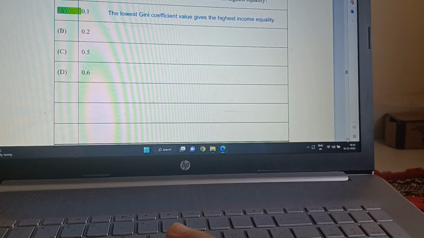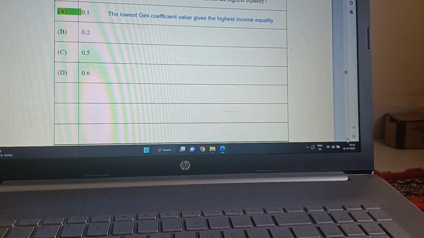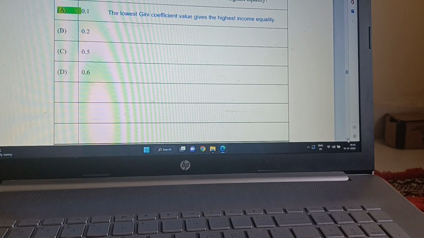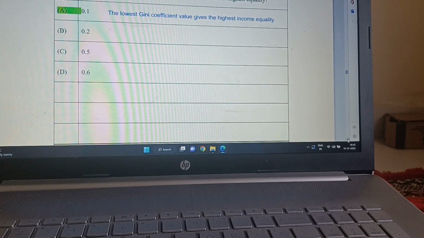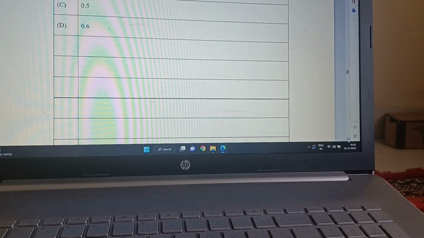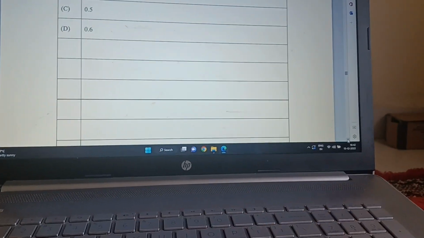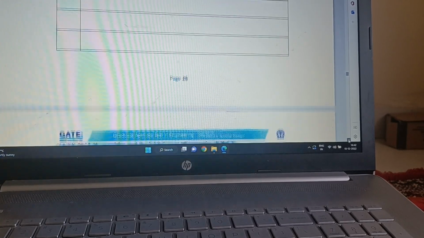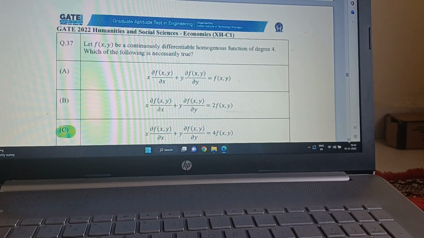So most of the time the Gini coefficient is between 0.1 and 0.6. In the case of India, this is around 0.4. Under the Modi government, this income inequality has increased a little bit because Adani and Mukesh Ambani have become far richer than most of us. So the Gini coefficient tells us about income inequality.